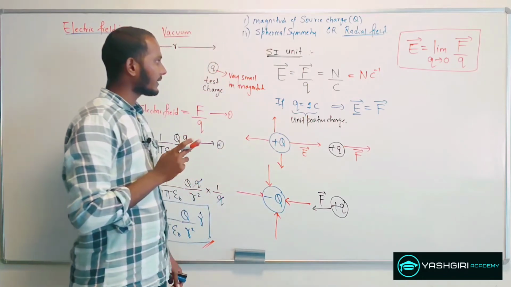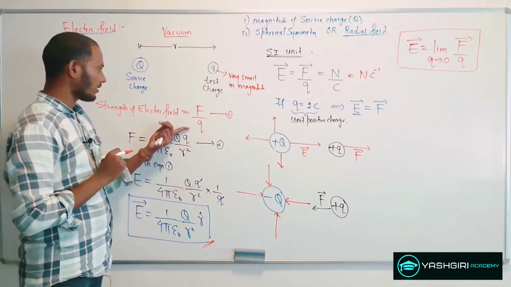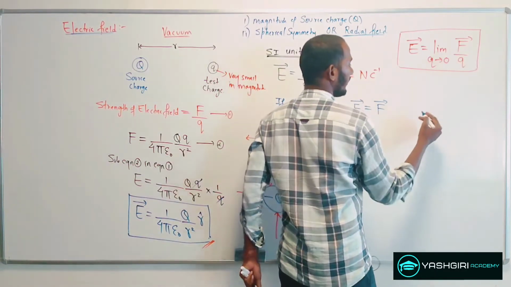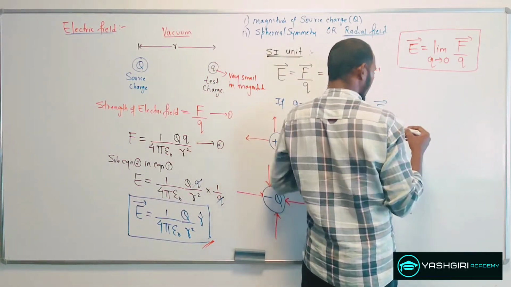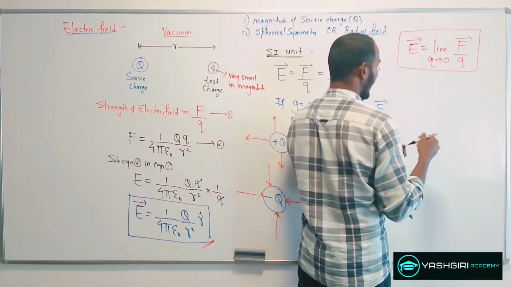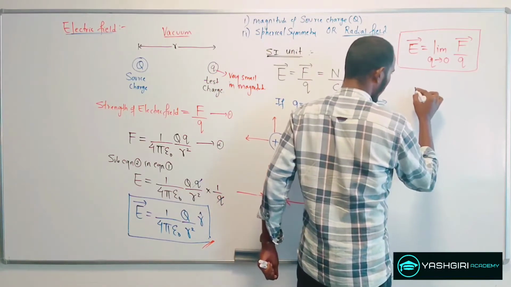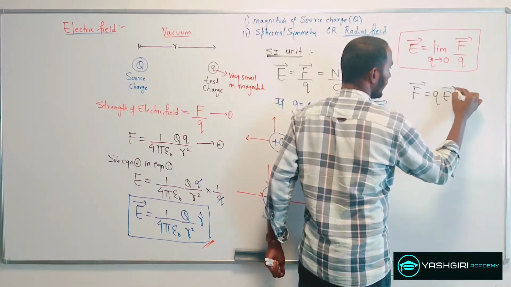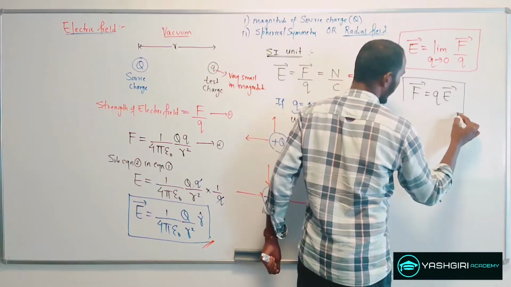Now, a last thing, if I just rearrange this equation 1, I get the same equation. What I get is vector F is equal to Q times the vector E. So that's the other form after rearranging.